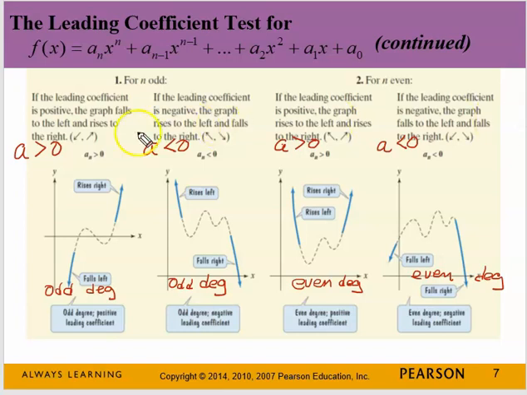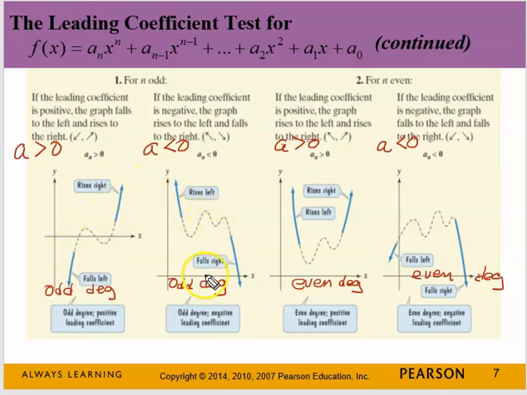So what do we have here? Well, here, a is going to be greater than 0. So a is positive. So it's going to start low and go up. Remember, if this was even, and let's say x to the second, it would just be a parabola. But if this is an odd degree, again, it's going to start low and then continue to go up.